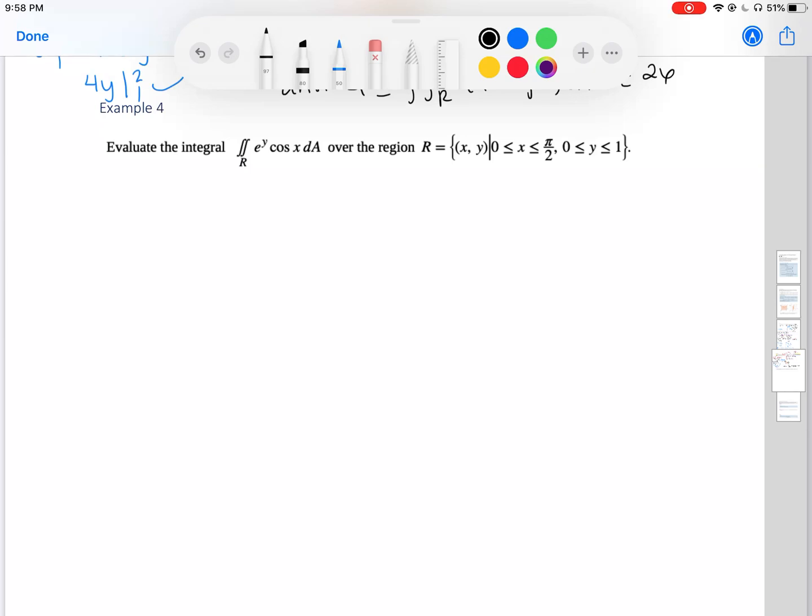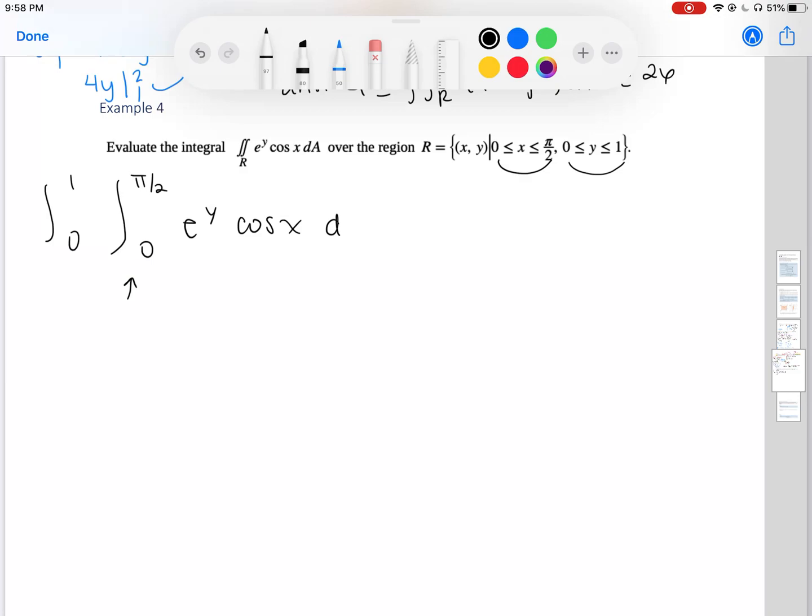Okay, so we're trying to find the double integral. Now we're given the bounds for x and the bounds for y. So for y, we have 1 to 0. For x, we have pi over 2 to 0. Our equation is e to the y cosine x.